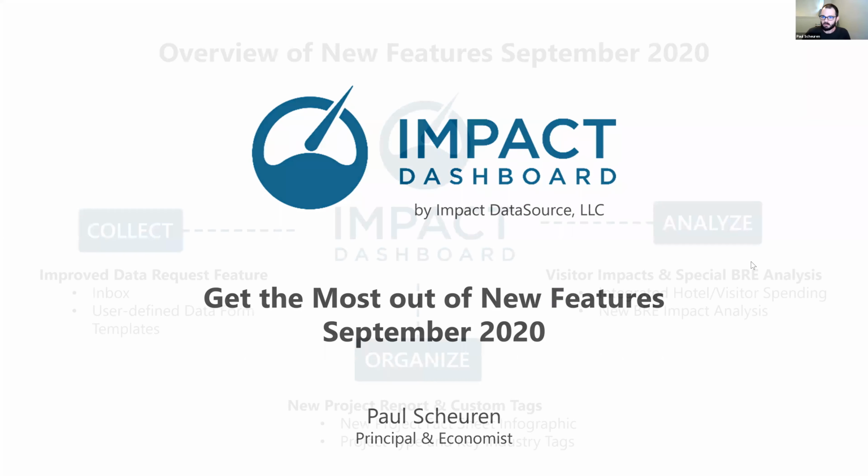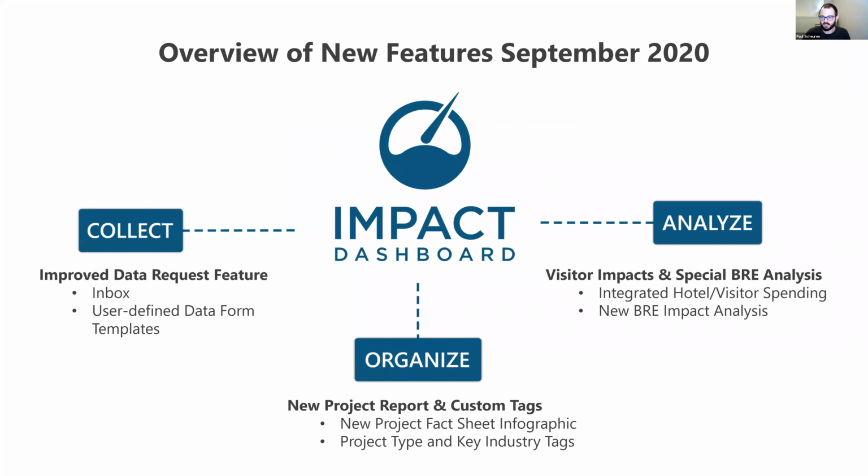First up, a little bit of a reminder about the new features. We touch on almost everything that Impact Dashboard does. Impact Dashboard is helping you collect economic development project information, organize that information, and then analyze it through the impact analysis features. In terms of collecting, we've got a brand new data request feature where you'll be able to create templates for data forms and then receive those in an inbox.